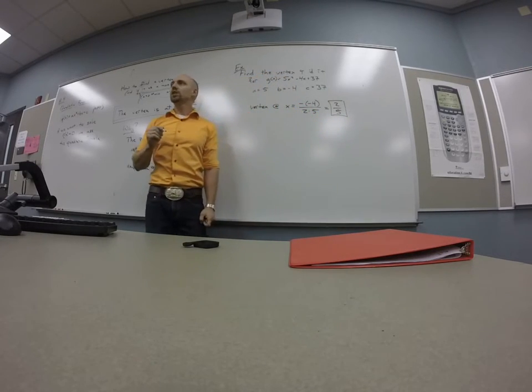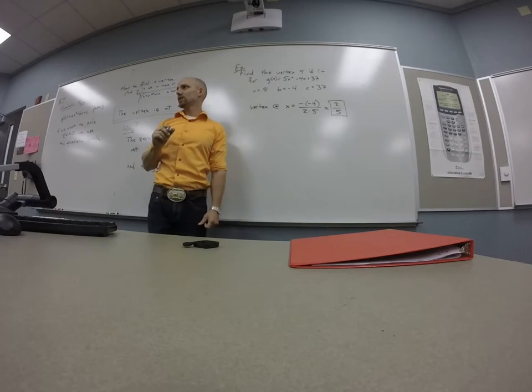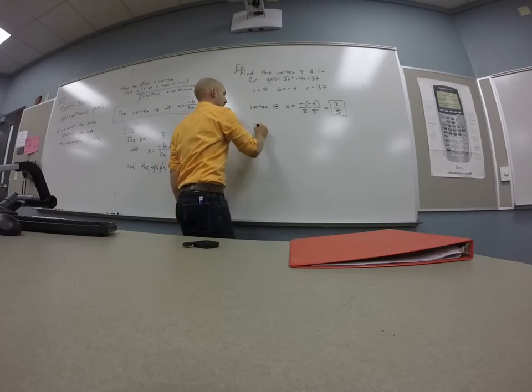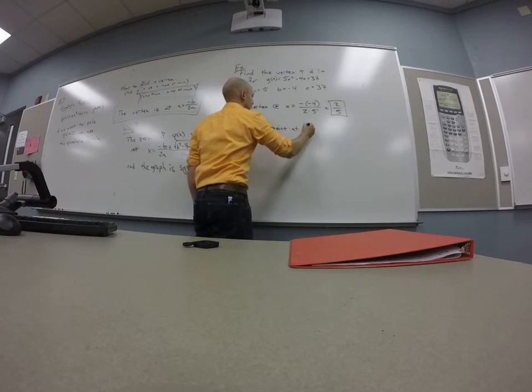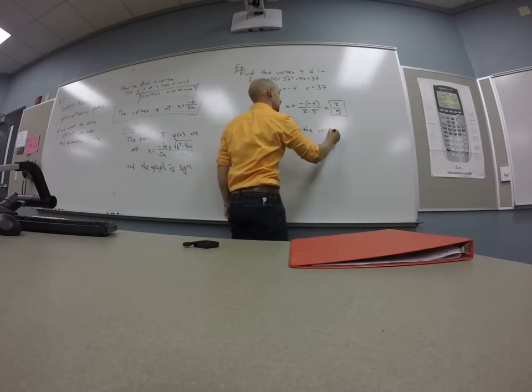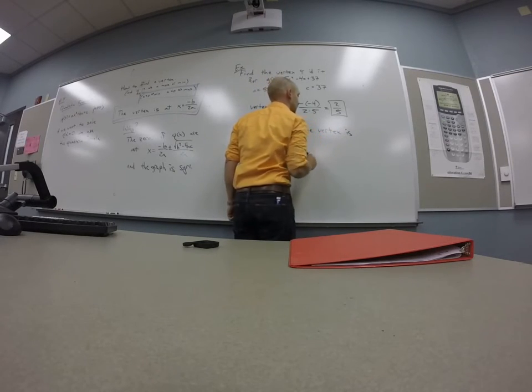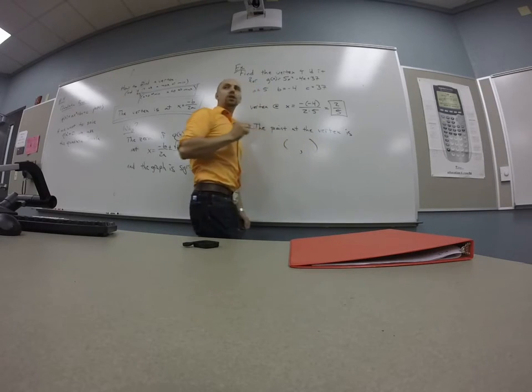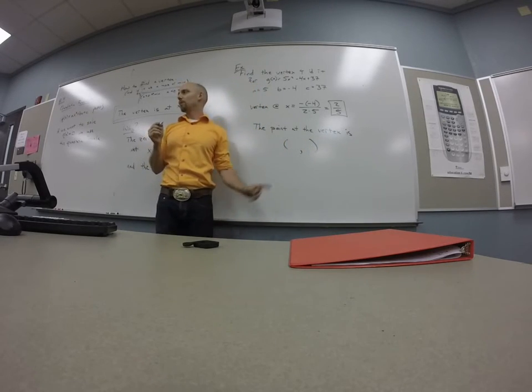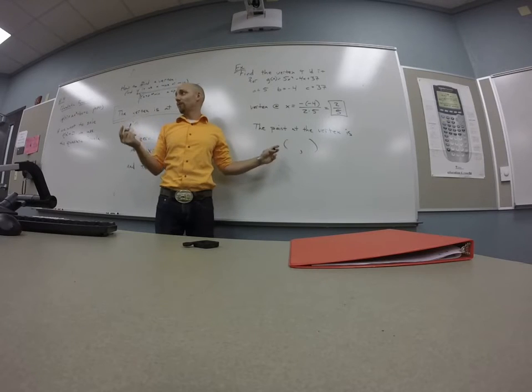Okay? What's the point at the vertex? Right, that should be an ordered pair, right? Keep in mind this is an ordered pair, not an interval from earlier.